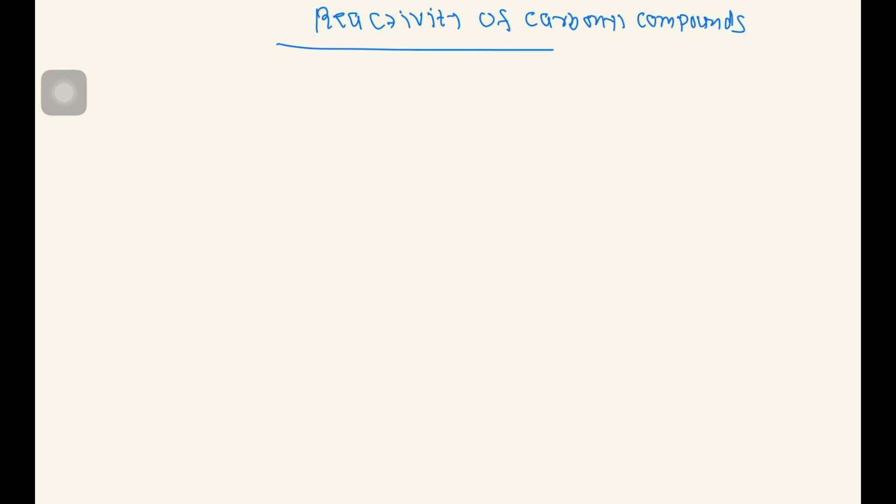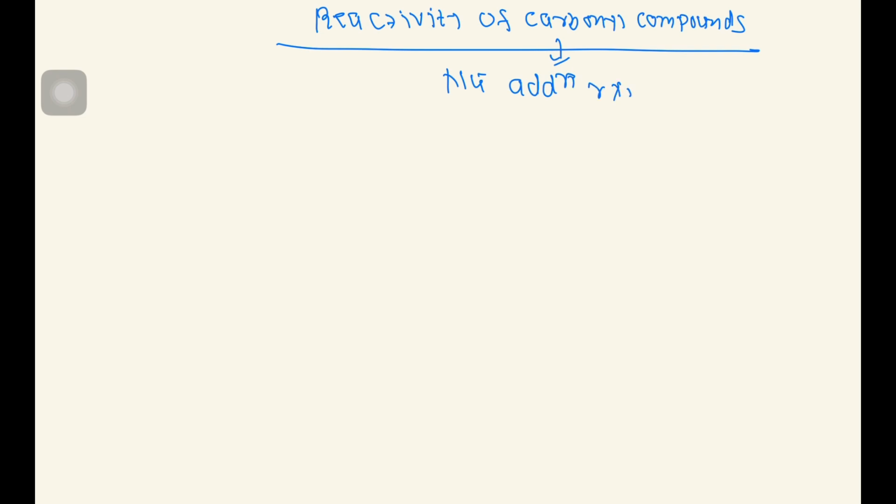Next, here reactivity of carbonyl compounds. So in carbonyl compound, simply here we can say nucleophilic addition reaction will take place.